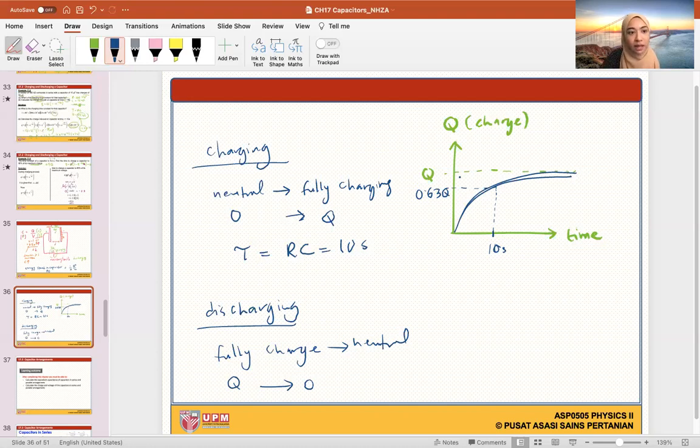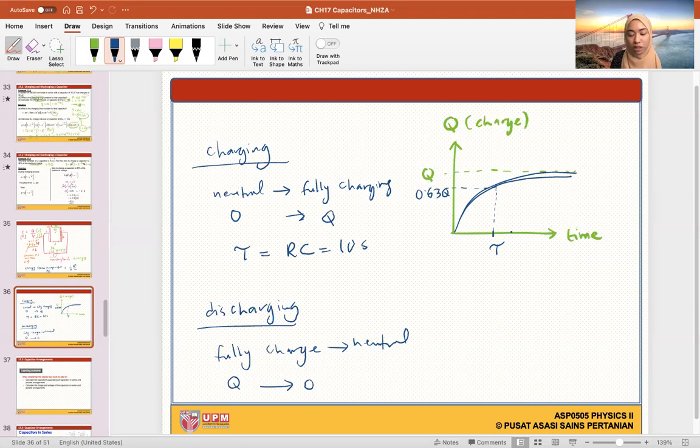So you achieve that at time equals the time constant. Time constant is just a value in seconds. If I write tau there, it just means a value that is equal to the time constant. So whatever your time constant is, it can be 5 seconds, 15 seconds, or 10 seconds. That is the time when your capacitor reaches 0.63 of the maximum charge that it can hold.